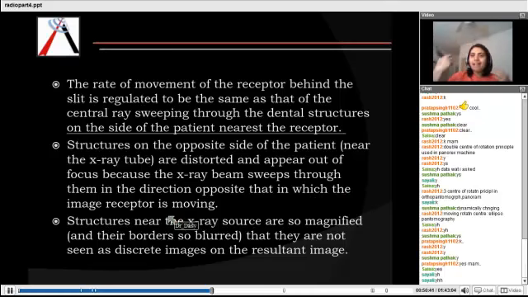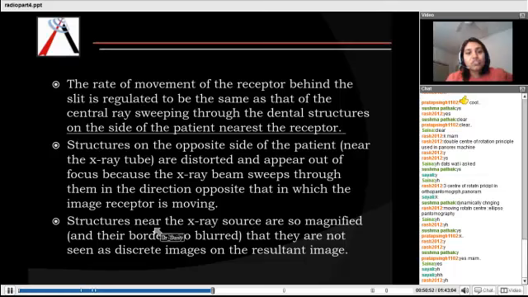So you can imagine it's just the opposite movement. The motion is so high that there is so much blurring. That is the train moving in the opposite direction. Now structures near the X-ray source are so magnified that they are seen as a discrete image on the resultant radiograph.